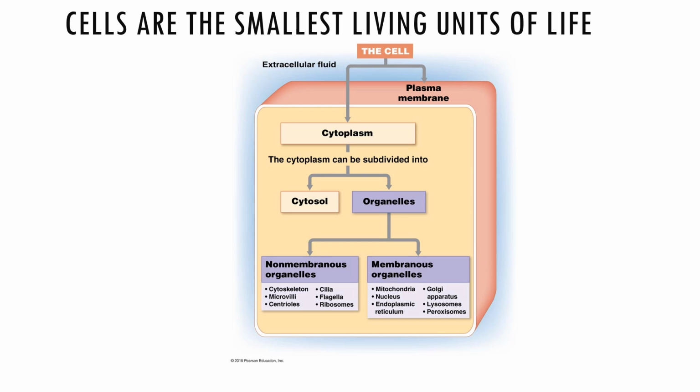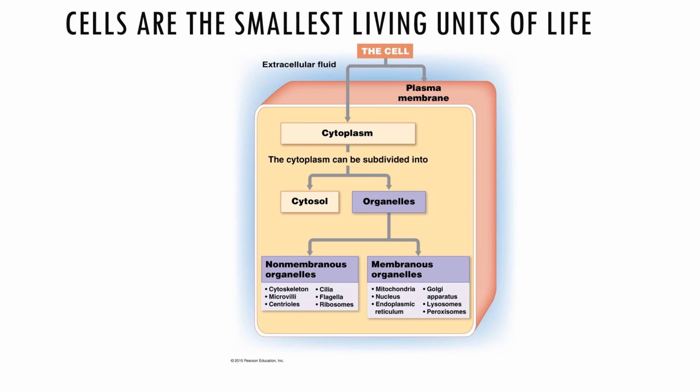Now, cells are the smallest units of life. And the primary components of the cell are the plasma membrane and the cytoplasm. The plasma membrane is a bimolecular layer of lipids and proteins that you will see in more detail coming up in a constantly changing fluid mosaic model.